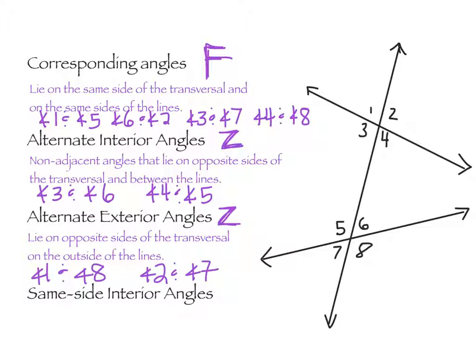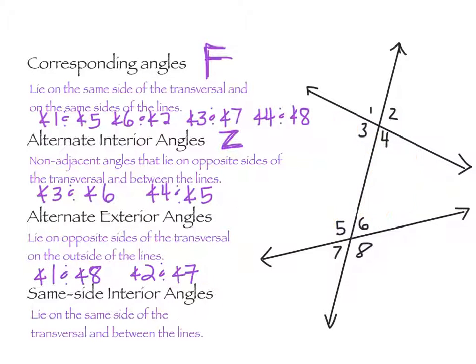Last are same side interior angles. And I bet you if you thought about it, you could figure out what these are. Interior, same side. So the same side interior would be 4 and 6, or 3 and 5.